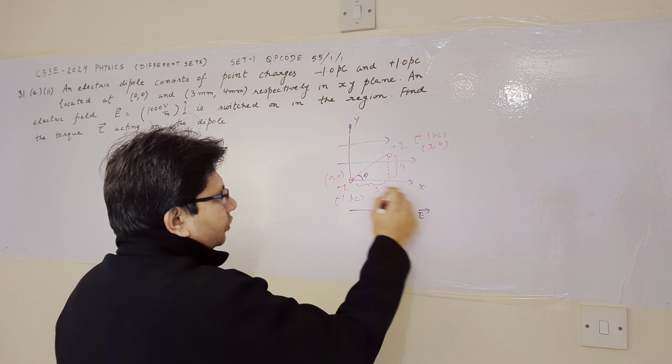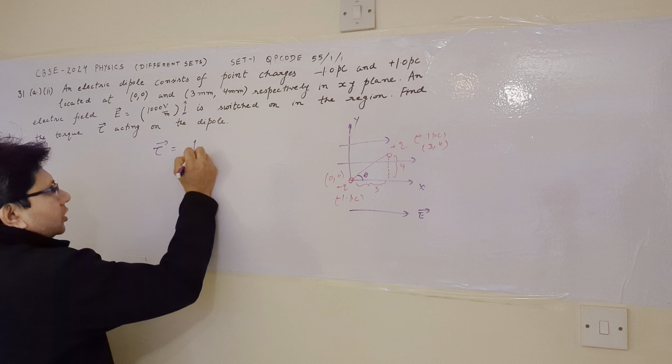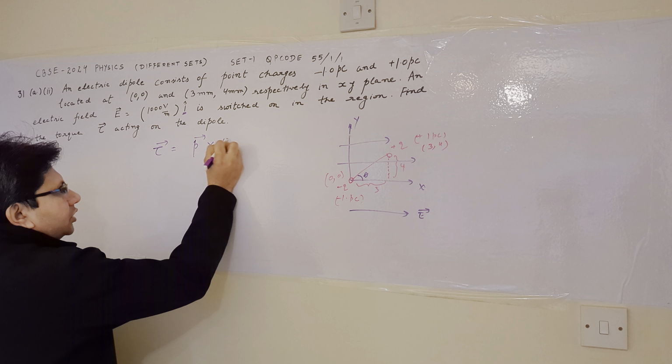Now the basic concept used here is the formula of the torque in terms of the electric dipole moment and the electric field. So torque tau equals P cross E, where P is the electric dipole moment and E is the electric field vector.